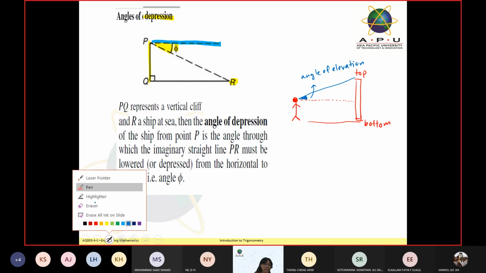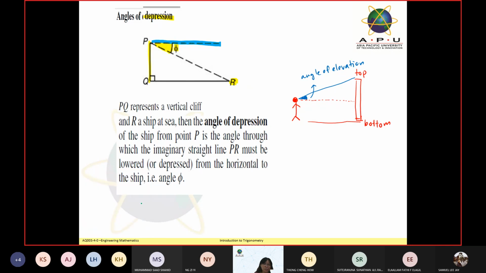And if the person looks down to the bottom of the building, can you see the angle is actually measured from the horizontal line? So this angle is an angle of depression.